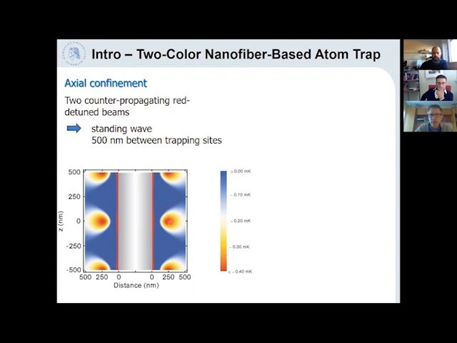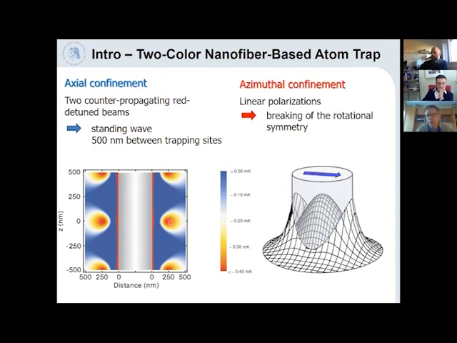And now, in order to confine the atom also in the azimuthal direction, so around the nanofiber, we take advantage of the fact that the light field outside of the fiber, or in general the fiber guided mode, for such a strongly guiding fiber with a high index contrast between glass and the surrounding air or vacuum, is actually polarization dependent.